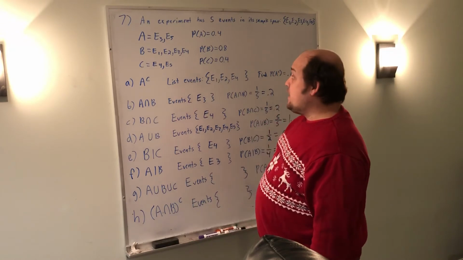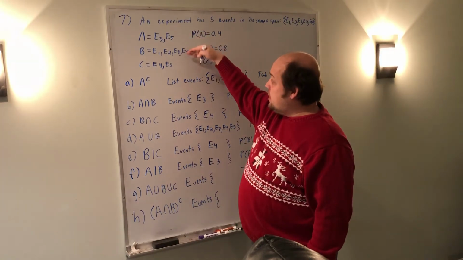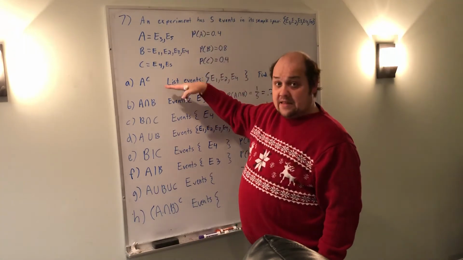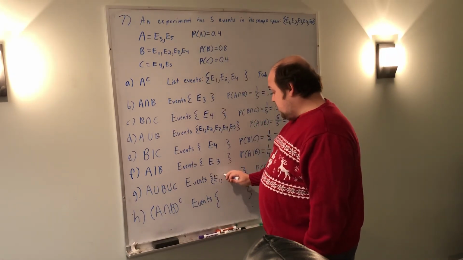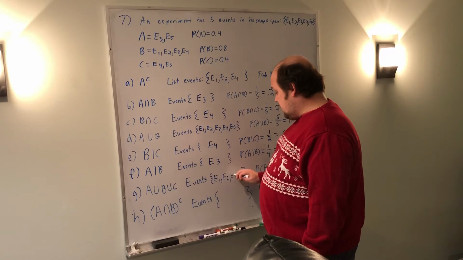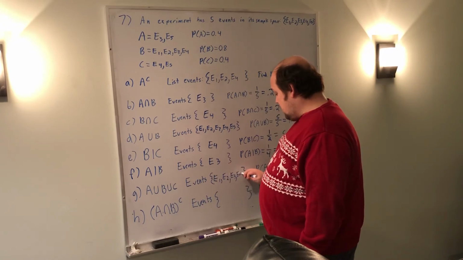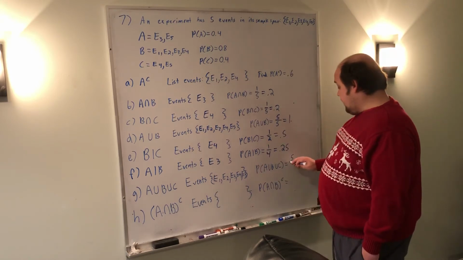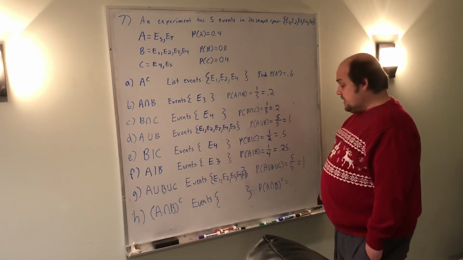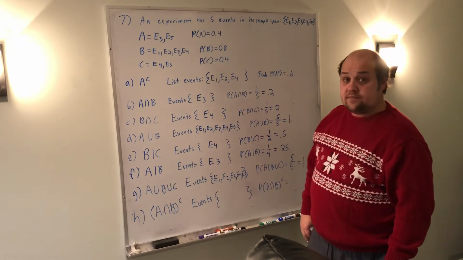But basically that union means anything in here, or anything that occurs in both. So in this case, I'd want to list all the events, E1, E2, E3, E4, E5. Those 5 events out of 5 total things that can happen means it occurs with probability 1.